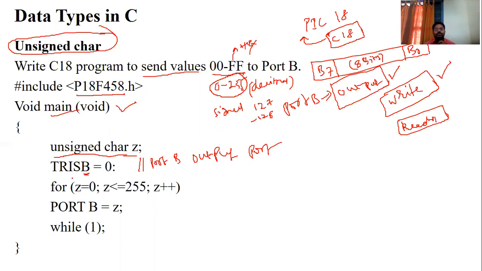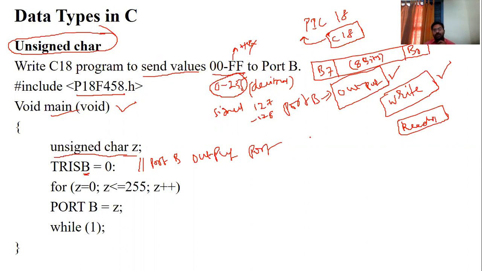TRISB, this is port B. Whether you are converting ports A, B from one mode to another, input to output, we are using latches and tri-state logic. That's why it is represented as TRISB equal to 0.